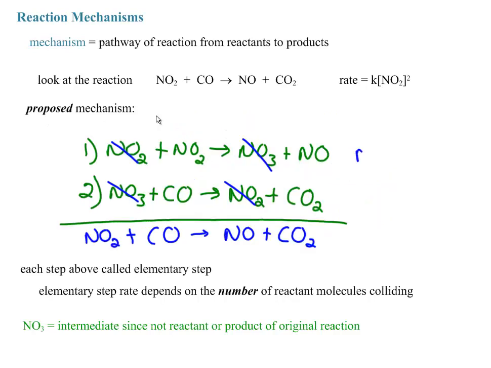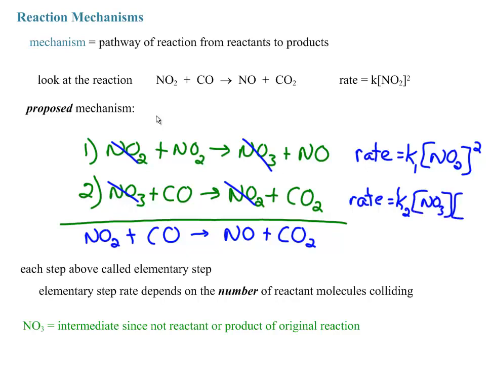For the first one, the rate equals k1 times NO2 squared, because essentially the reaction is 2NO2, which is equivalent to NO2 plus NO2. For the second reaction, rate equals k2 times the concentration of NO3, first order, concentration of CO, first order.